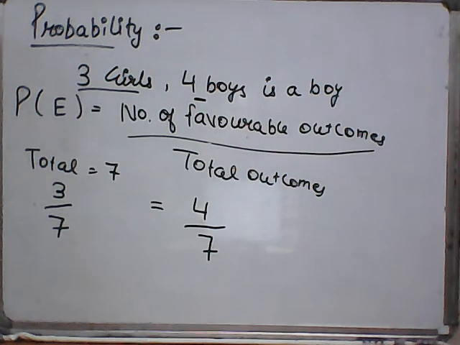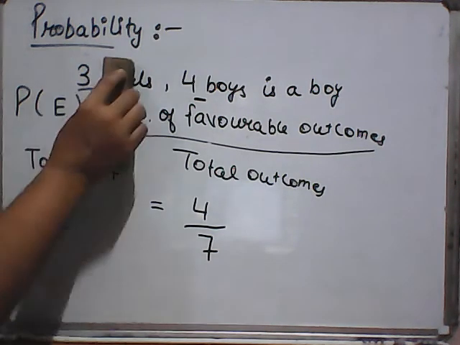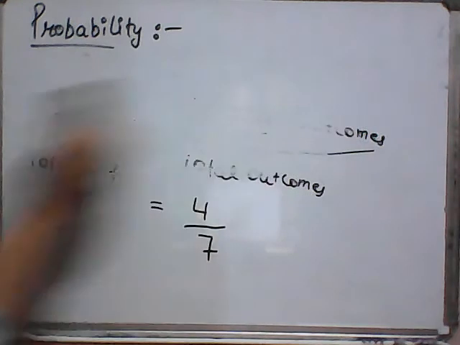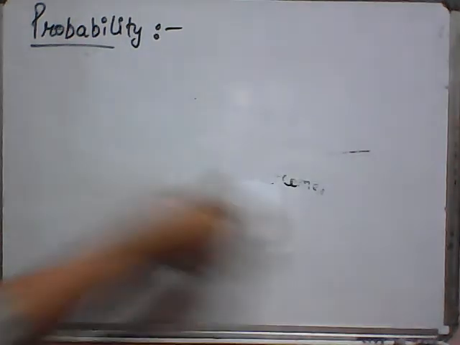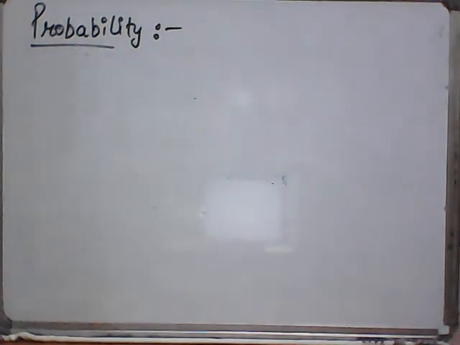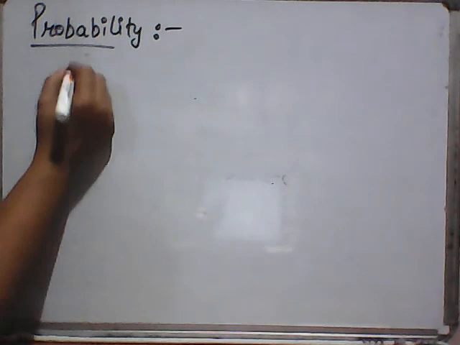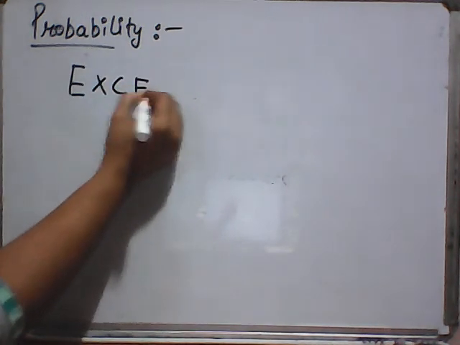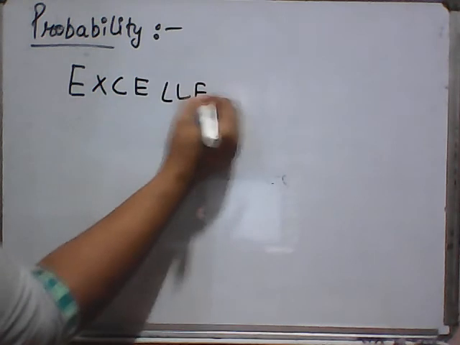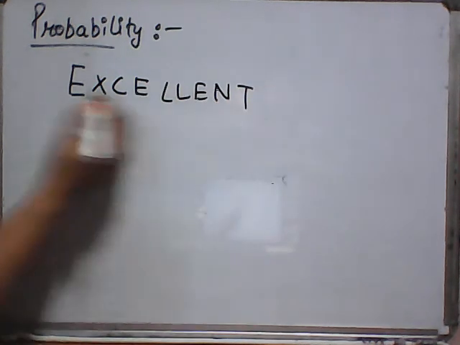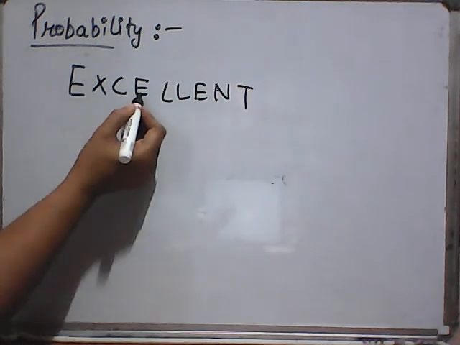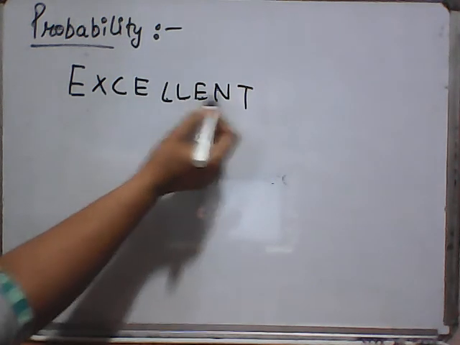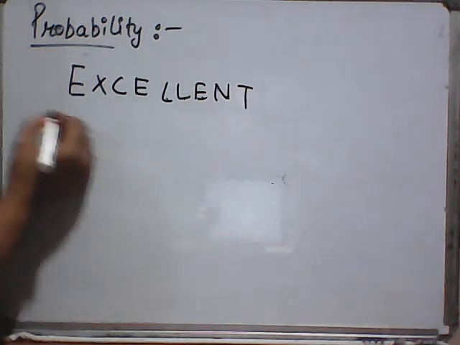Next question is, suppose you have to find out the probability of the letter E from the word excellent. E, X, C, E, double L, E, N, T. How many letters do we have? 1, 2, 3, 4, 5, 6, 7, 8, 9. Total letters are 9.